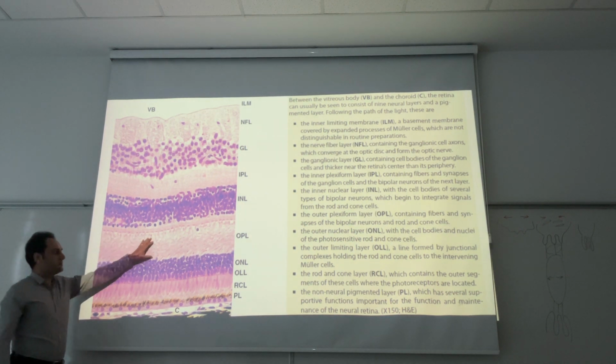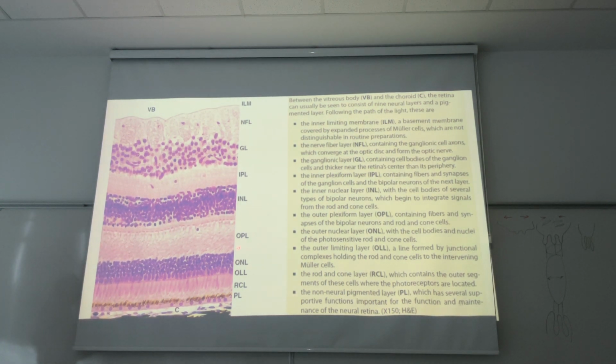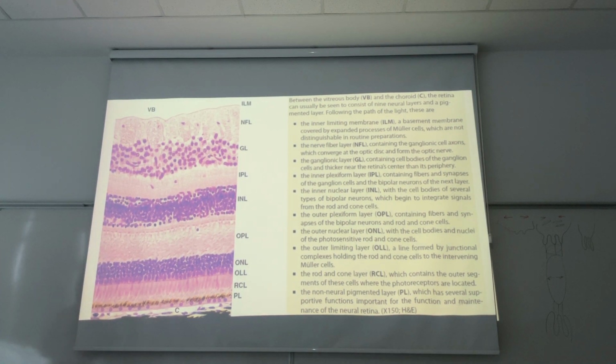In a little inner side, here, we have the outer plexiform layer. In the outer plexiform layer, we have the internal segments of rod and cones, we have the dendrites of bipolar cells.